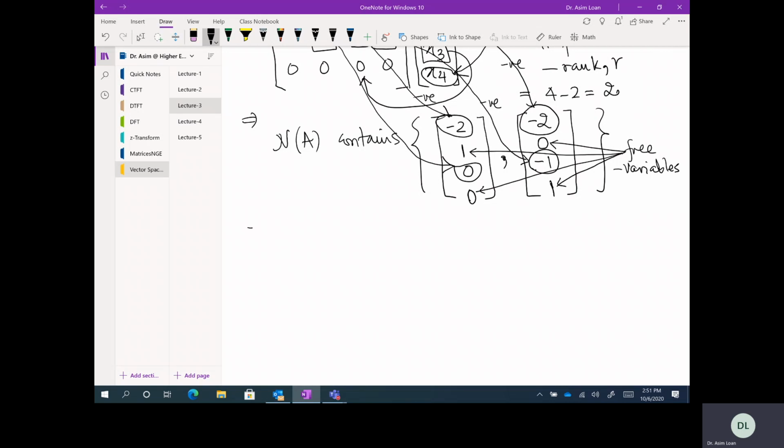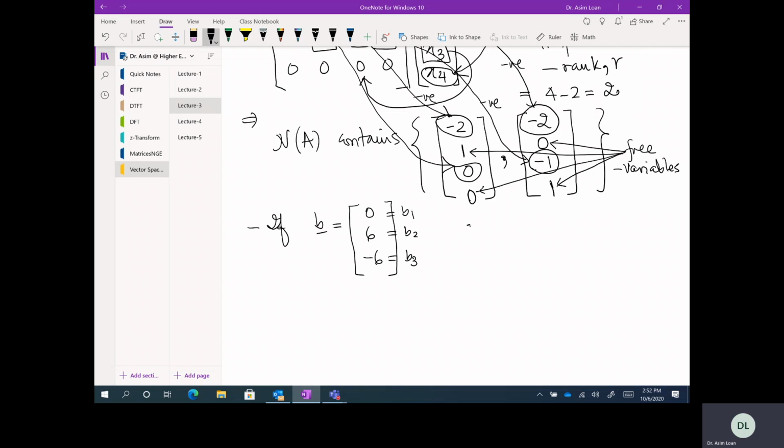Okay. What if b equals 0, 6, minus 6? So this is b1, this is b2, this is b3.